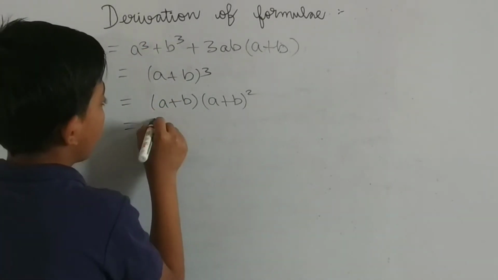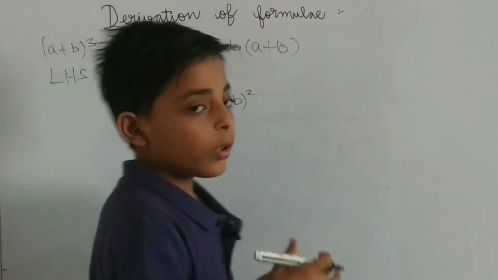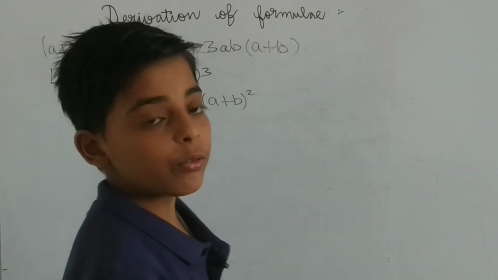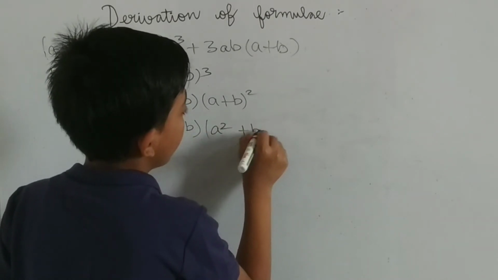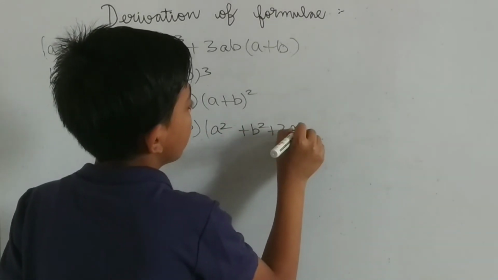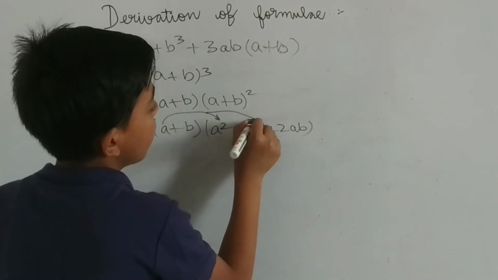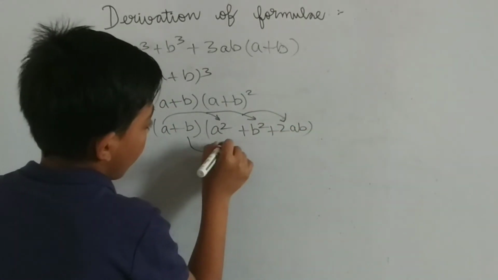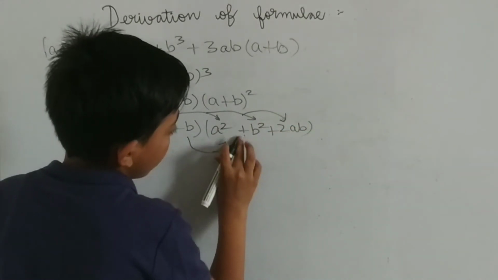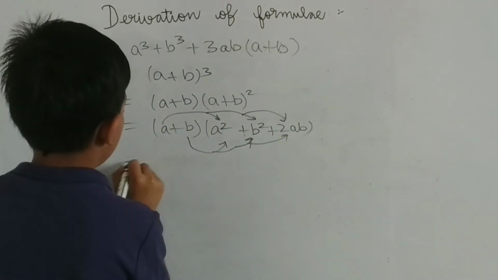Okay, now (a + b) multiplied by, we know that (a + b) whole square is a² + b² + 2ab. So it's a² + b² + 2ab. Now this will be multiplied by this and by this. This will also be multiplied by this and by this.